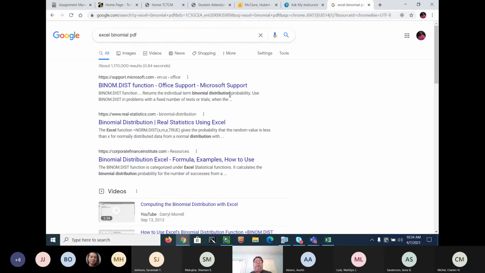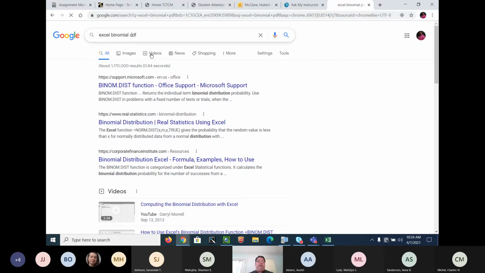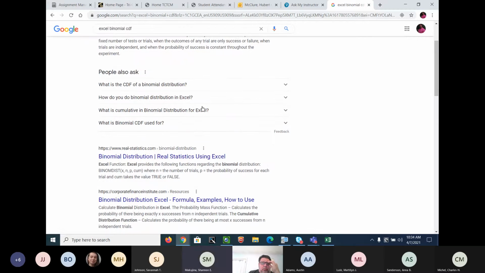Return the individual terms, probabilities, binomial distribution. I'm seeing, let me see what the CDF is, there's got to be a difference between the two. Okay, there's cumulative. Binomial distribution, XNP.